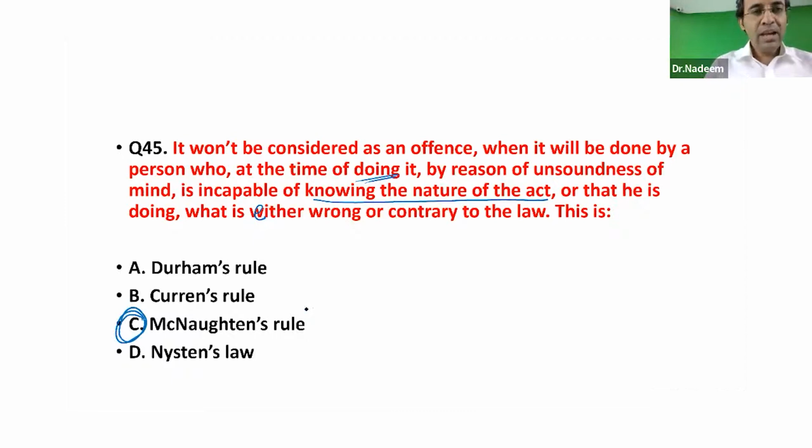Basically, if a person is insane or does not understand the consequences of his act, he will not be punished. Which IPC number? IPC number 84. Dr. Gokul, it is not 86, it is 84. McNaughton's rule, extremely important.